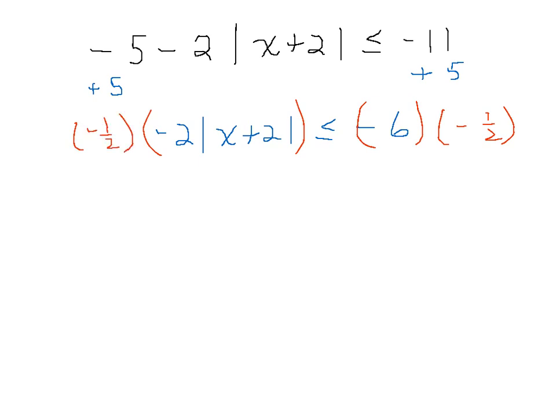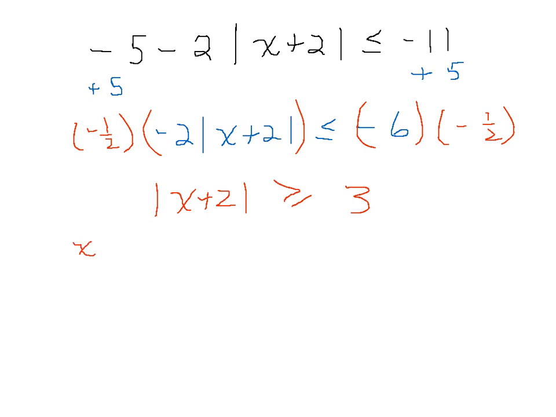And that'll get rid of the minus 2 here. So if I do that, I get the absolute value of x plus 2. Over here I get 3, but since I multiplied by a negative number, the direction changes. And so what this means is the absolute value of x plus 2 is greater than or equal to 3.